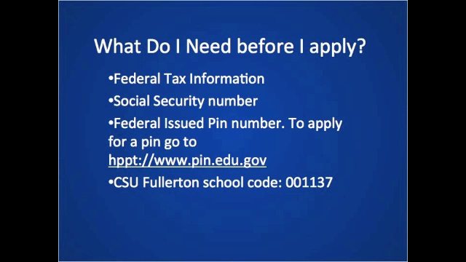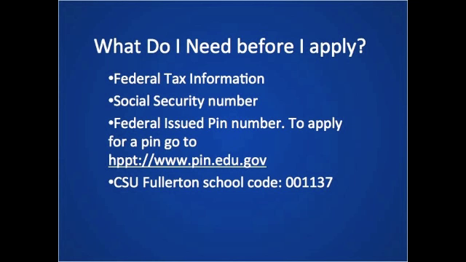Before you sit down at your computer to apply for the FAFSA, you're going to want to make sure that you have all the necessary information and documents that are needed to fill it out correctly. First, you're going to need a copy of your federal tax return information from the previous year. All information can be downloaded from the IRS website and uploaded into your FAFSA application. However, it is recommended to have a copy of your tax returns in front of you to use as a cross-reference.